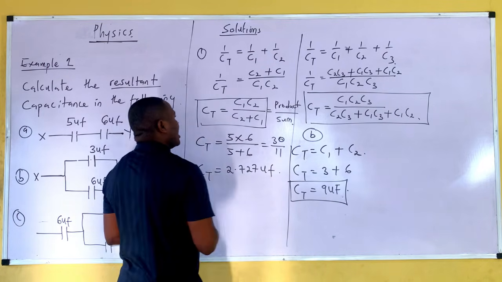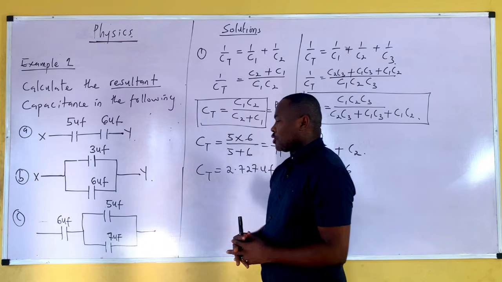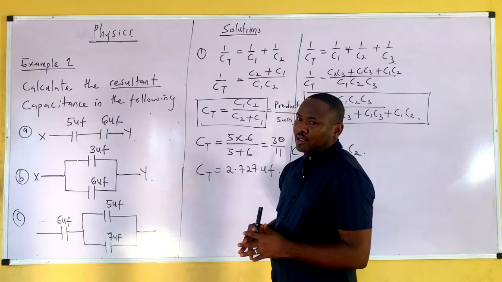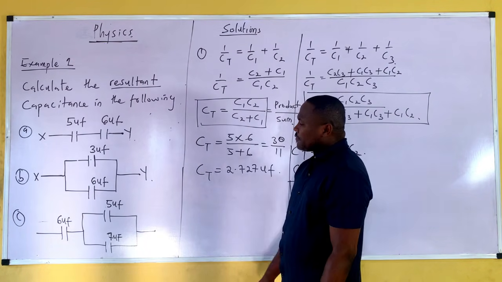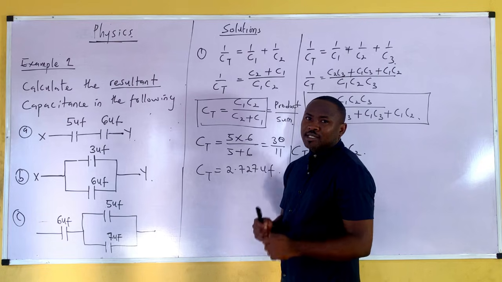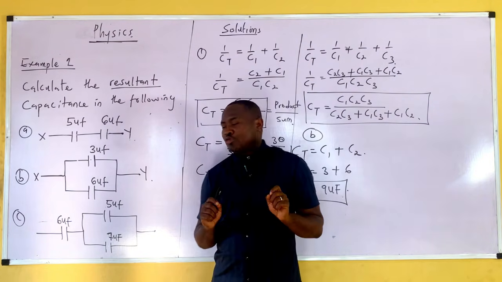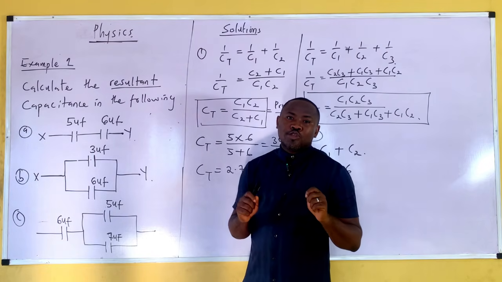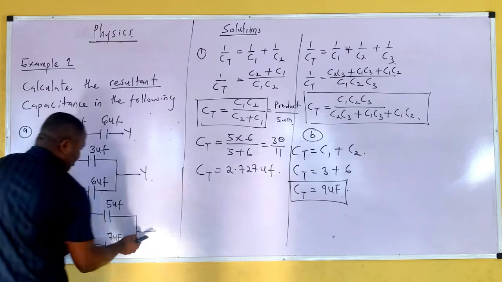Now let's see question number 3. Question number 3 is a combination of series and parallel. To solve it, you have to ask yourself which of them is in parallel and which is in series. Let me give you a little explanation to always know what is in parallel. Imagine I stretch this place.